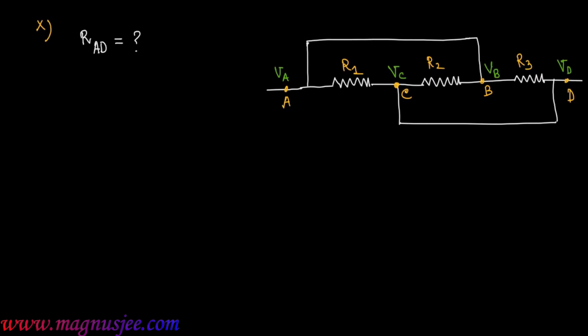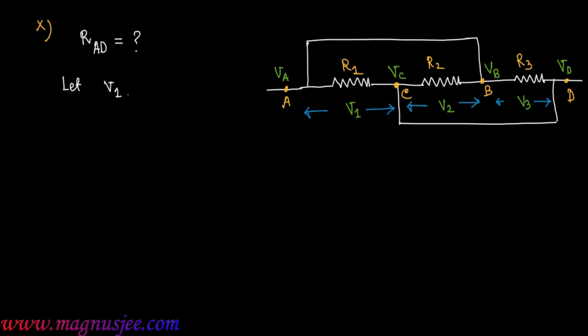Potentials at the points A, C, B and D are VA, VC, VB and VD. Potential difference across the resistance R1 is V1. Potential difference across the resistance R2 is V2, and V3 is the potential difference across the third resistor of resistance R3.